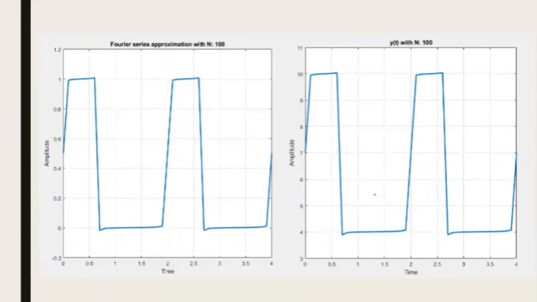This is the output of the calculation that was performed by Matlab just now. And these two graphs are basically the same as what we do by hand calculation. So that's all from our group. Thank you.